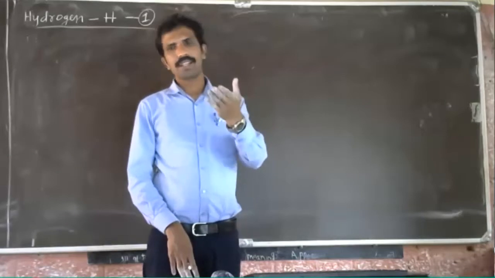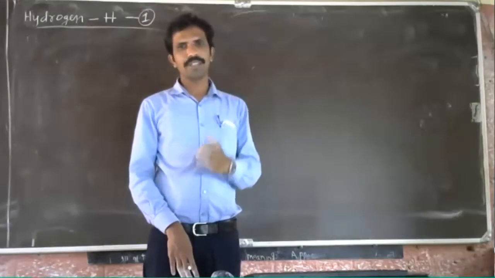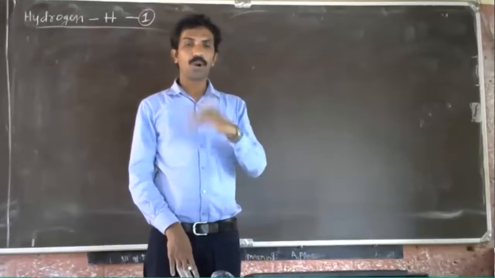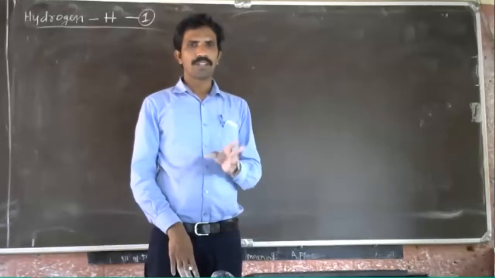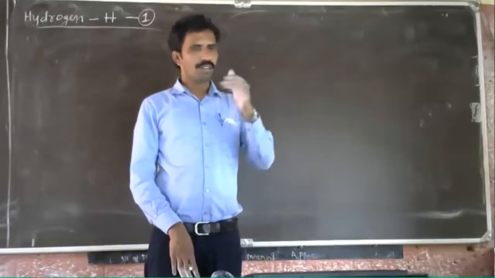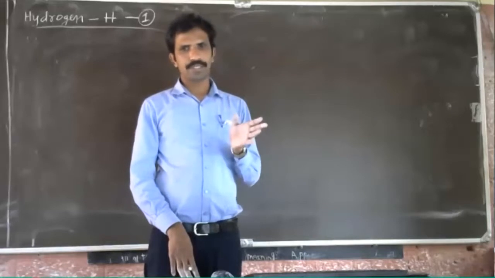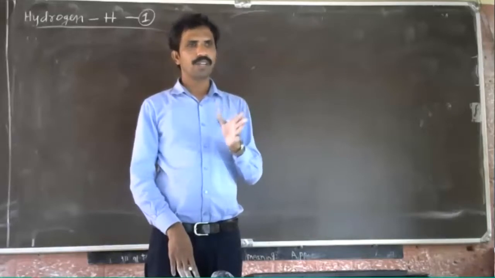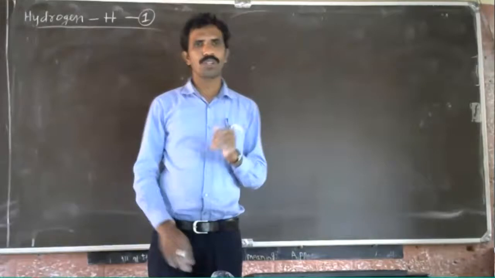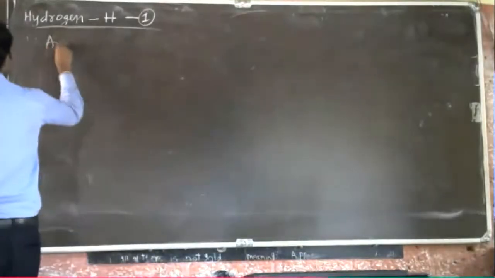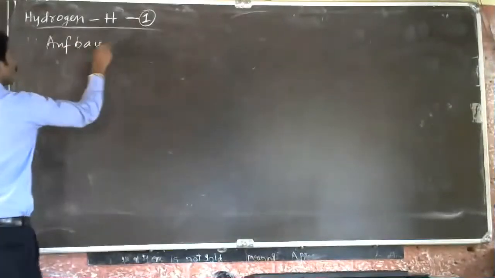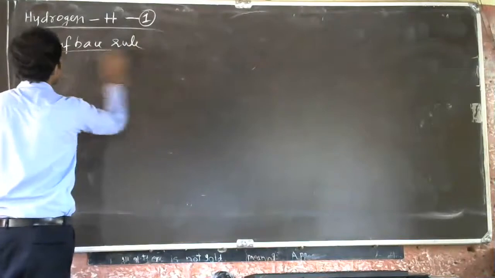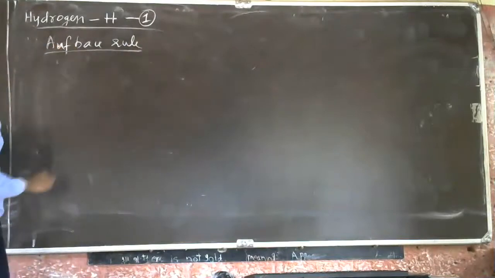L has 2 subshells, s and p. M has 3 subshells, s, p, d. How are the electrons occupied actually? There is a rule to write the electronic configuration. That is called Aufbau's rule. According to this rule, we have to write the electronic configuration.